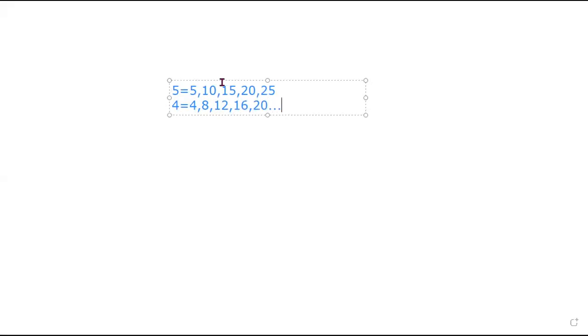Which is the smallest common number in both? 20 is in both, right? That means the LCM is 20. In that way we'll do it. Okay, your LCM here is 20.